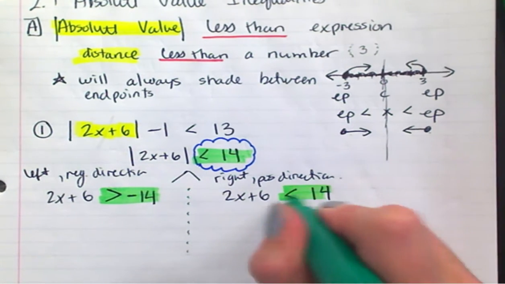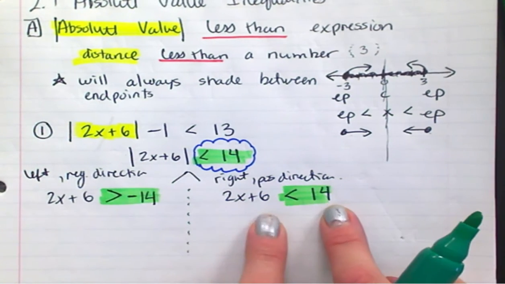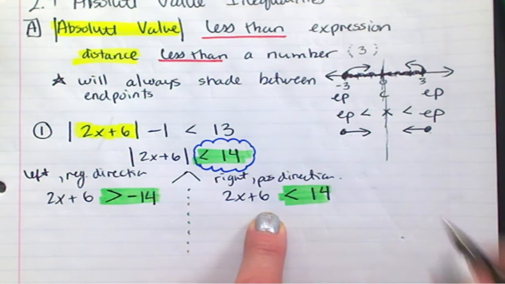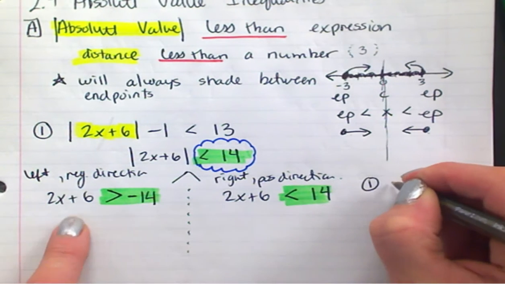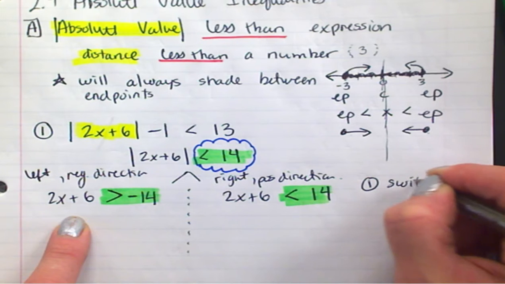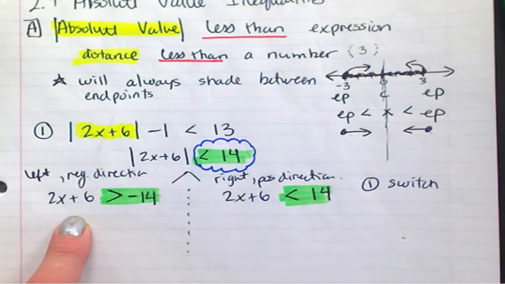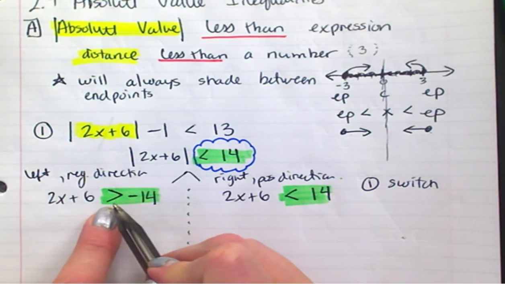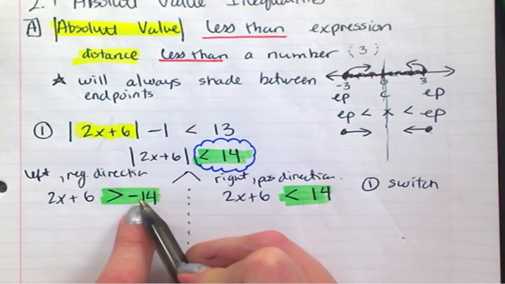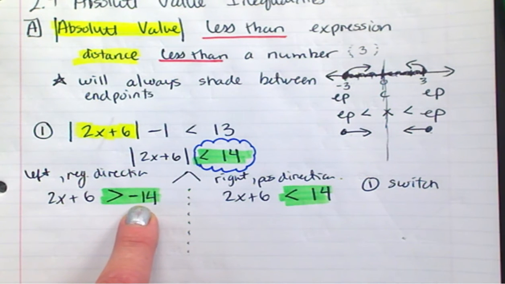Notice that the positive side is almost exactly the same. Okay? So we call this switch and negate. I switched the inequality sign and I made the number negative. But you need to understand why you're doing that, not just switch and negate.